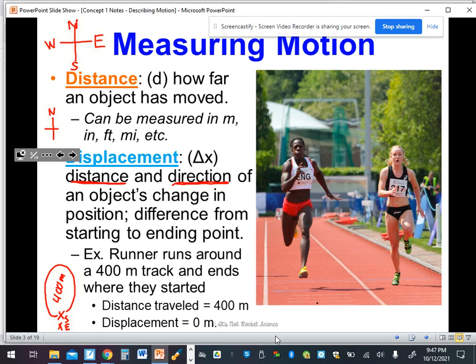So again, my displacement, if I'm going in a circle and I end where I started, will always be 0. And it doesn't actually even have to be in a circle. If you go around the block to your house and you end right where you started, again, your displacement is 0. All right? So keep that in mind.